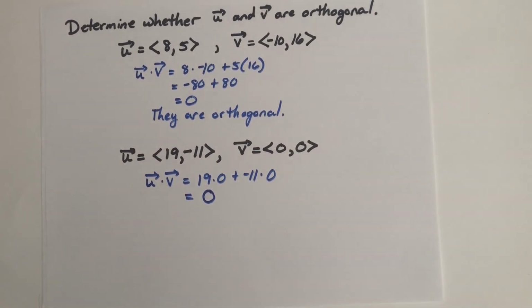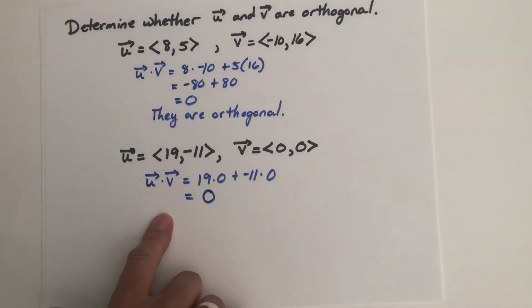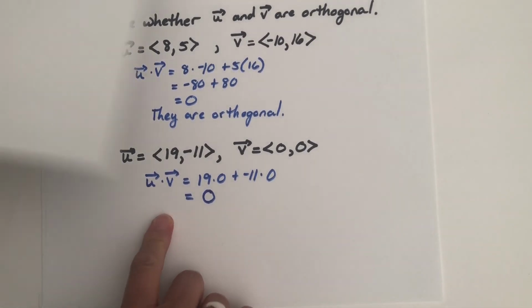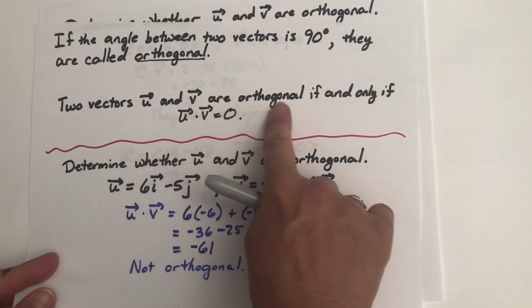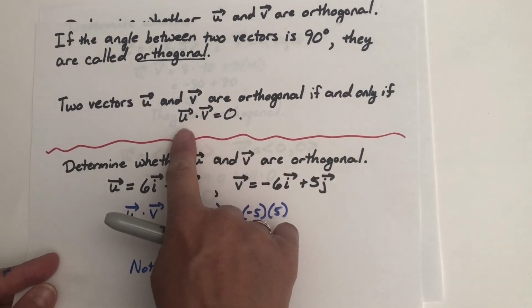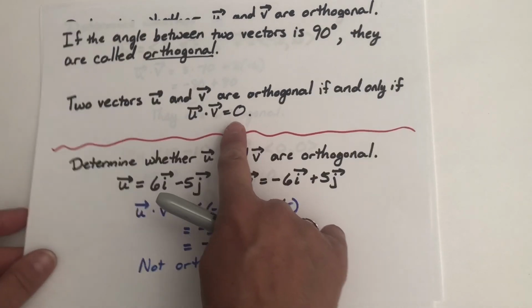And we get 0. Remember, the idea was two vectors are orthogonal if and only if their dot product is 0.